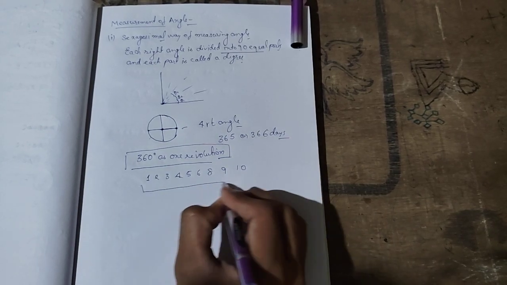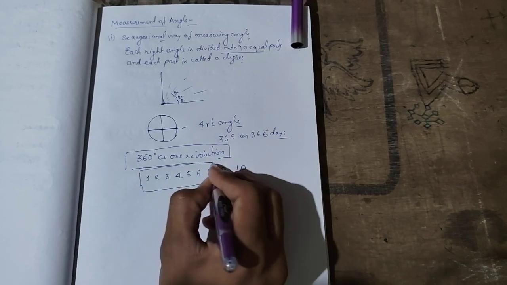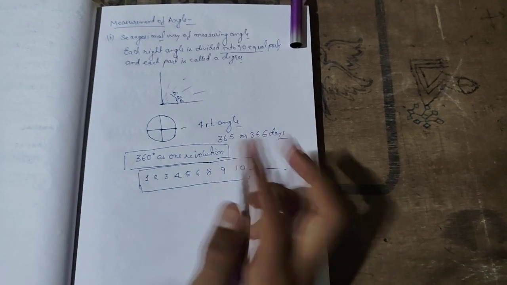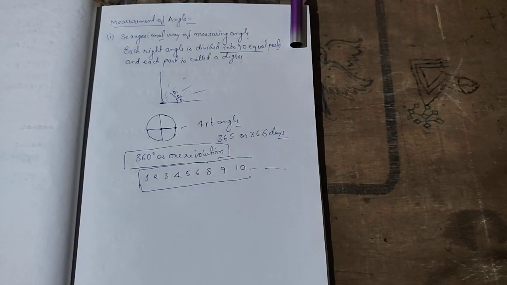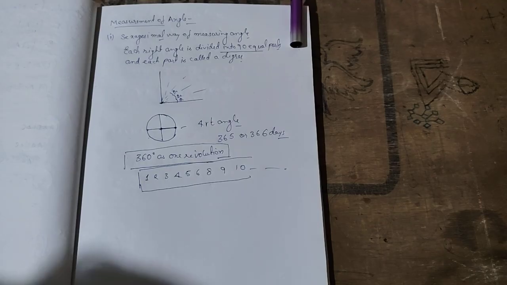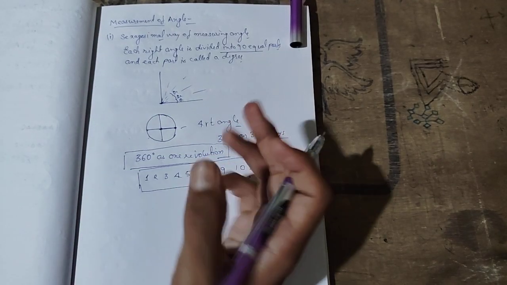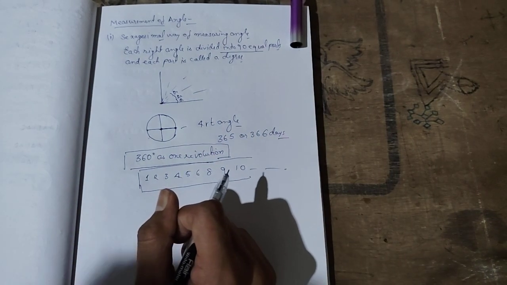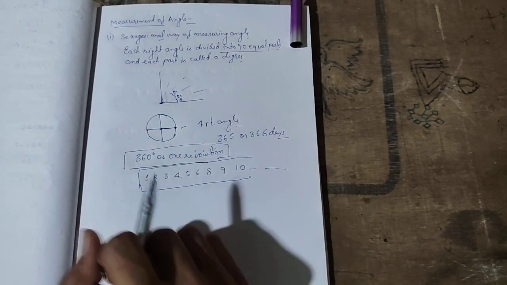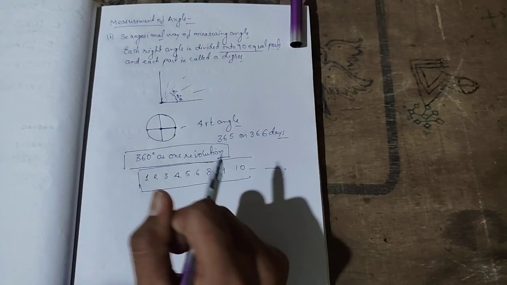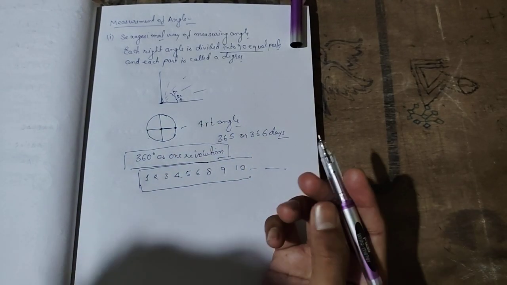So we won't be in a situation where we have to deal with fractions, and it is quite simple when we have whole numbers as an angle.